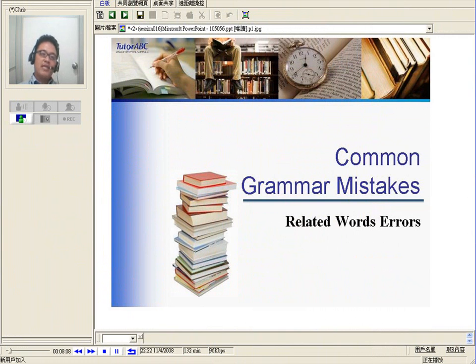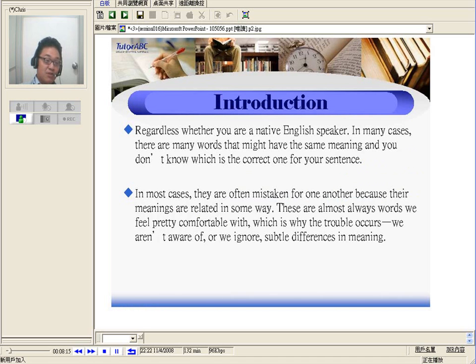When I say related, I'm talking about words that have similar meanings. If you looked into the dictionary, they mean the same, okay? When you check two words in the dictionary, they have the same meaning, but in fact, we use them differently.